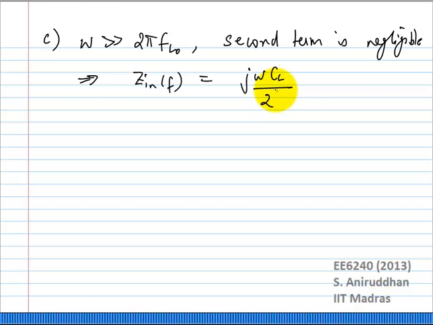Okay? So this is the input impedance of this particular sampling mixer at different frequencies, depending on how the input frequency is related to the LO frequency.